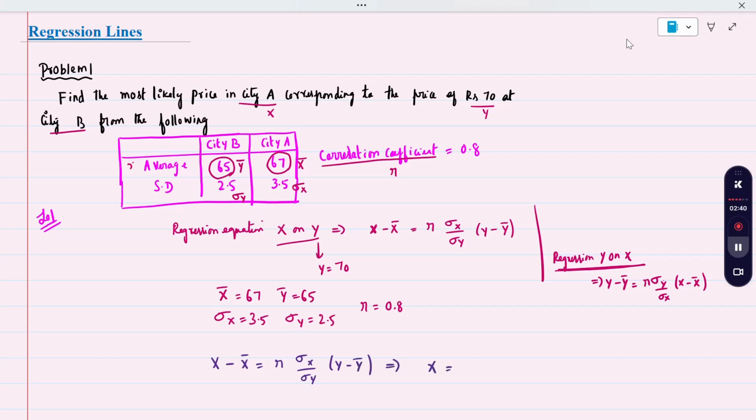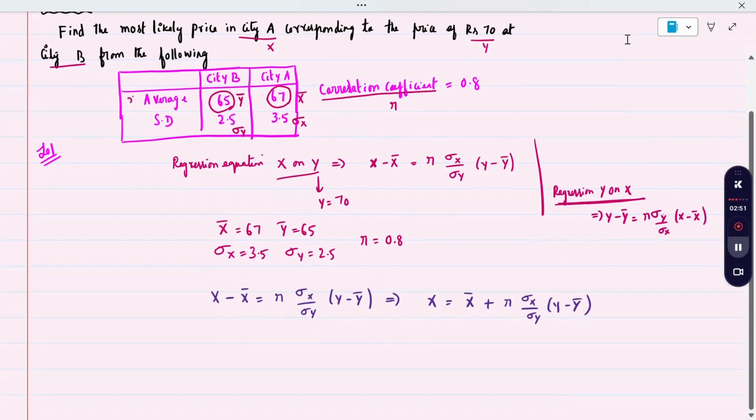So X equals X bar, which I bring to this side, plus R into sigma X divided by sigma Y, Y minus Y bar. I will write it this way. Every value on the right hand side is known, so substitute in this. 67 plus R is 0.8 into sigma X is 3.5 divided by 2.5 into Y, which is given in the question as 70, so 70 minus Y bar, which is 65.